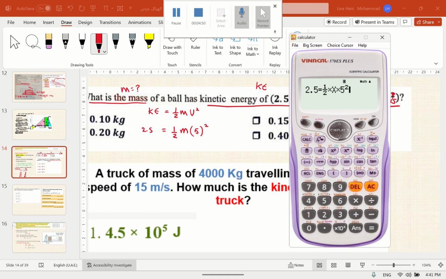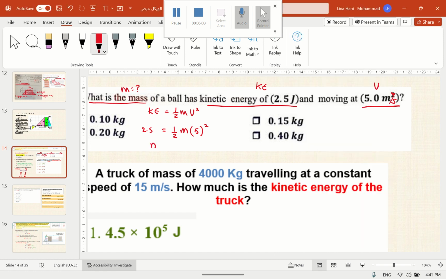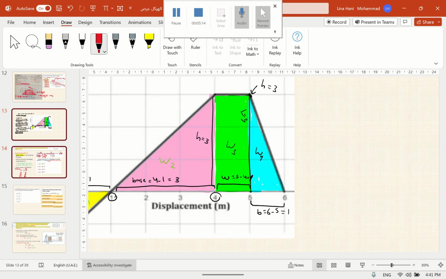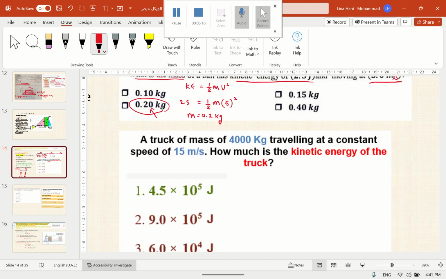Don't forget to put the multiplication sign between the values and then shift calc equal. So you can see that the answer is 0.2. The mass is equal to 0.2 kilogram. So it is this one right here. Now don't tell me, Miss, this is 0.20, this is the same as 0.2. No matter how many zeros we put after the decimal point, they are all equal.